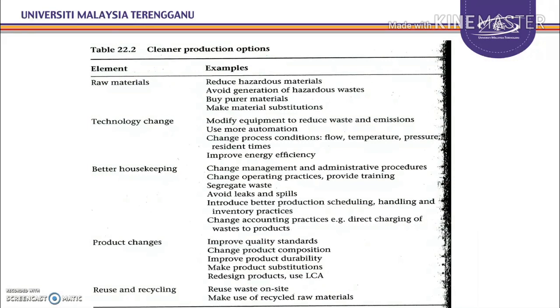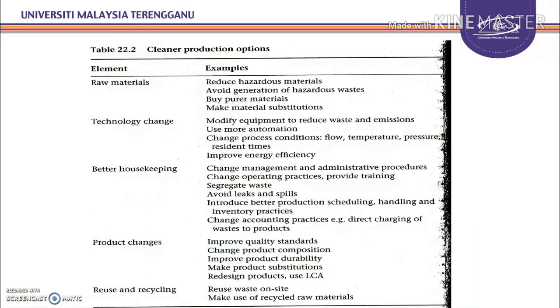with least expenditure of funds. So, for example, for the raw materials element, the CP options that maybe can be implemented are to reduce hazardous material, avoid generation of hazardous waste, buy purer materials, and make material substitution.